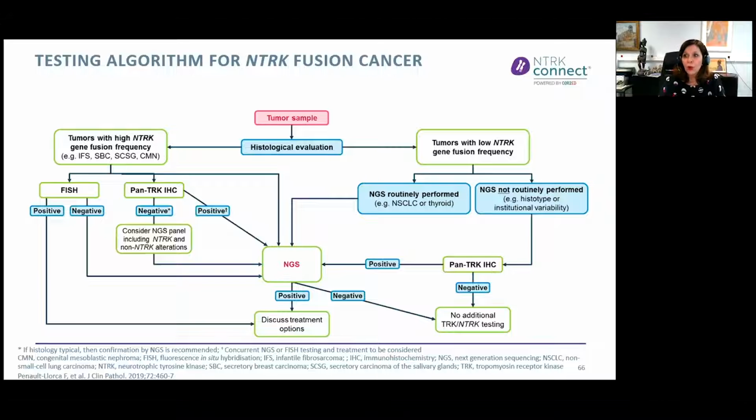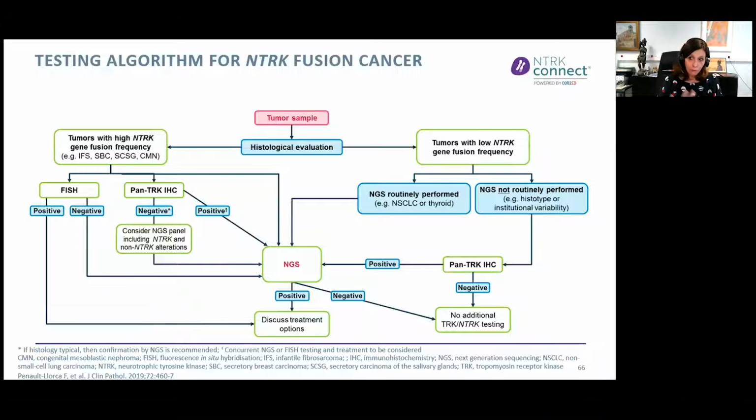So usually we were doing FISH to confirm the diagnosis. Today we can also use pan-TRK immunohistochemistry, and it's really recommended, especially if we use pan-TRK immunohistochemistry, to have a confirmation by NGS. And if we have the impression that it is one of those 4 tumor types, and if immunohistochemistry is negative, my recommendation is to do molecular biology to be sure that we are not missing a patient on that.